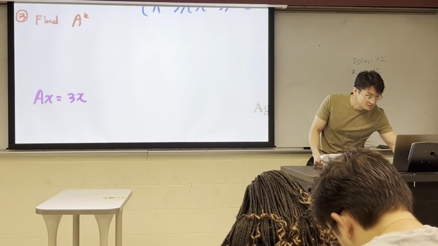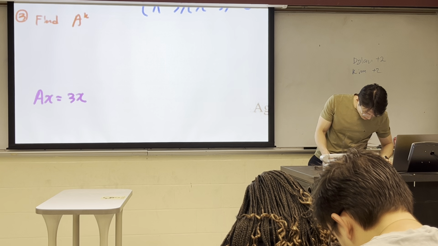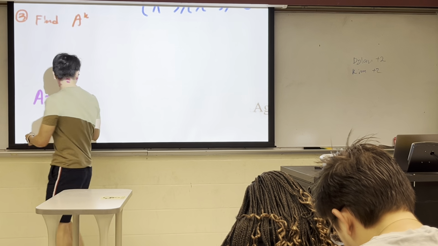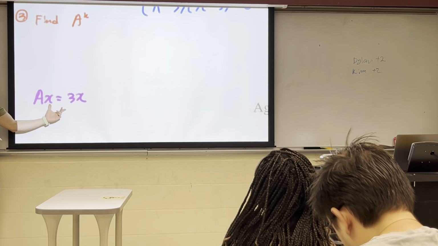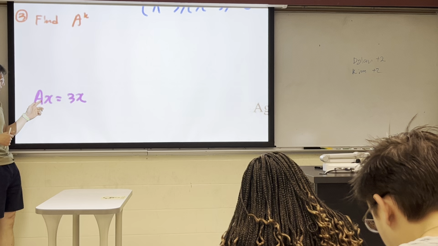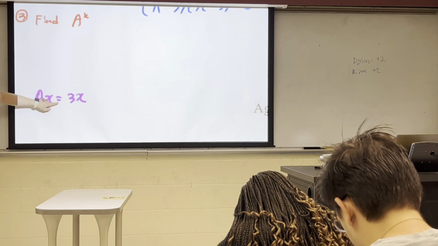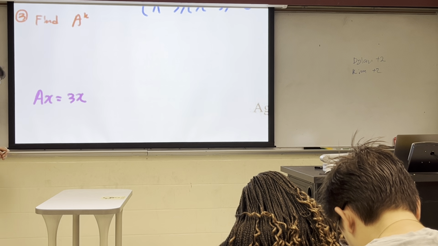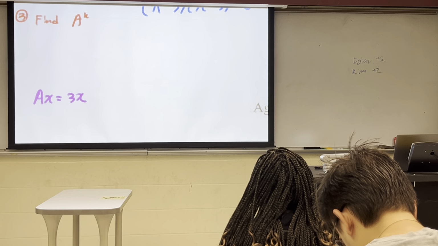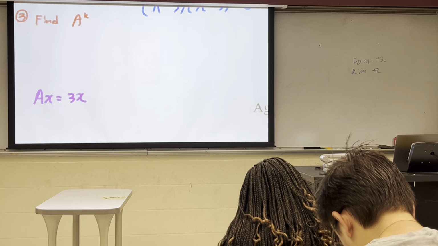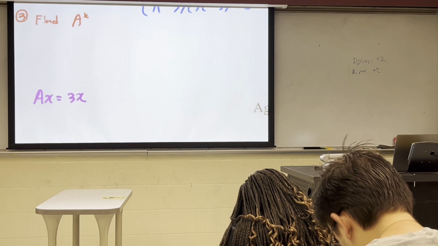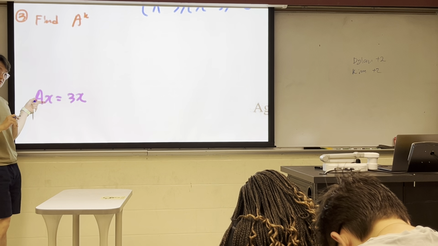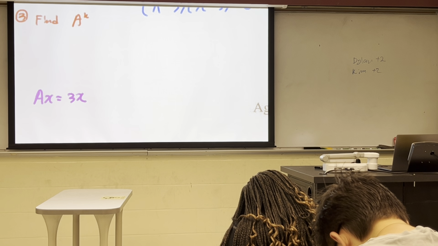Okay, Ax is equal to 3x. I want to find x that makes this thing true. Okay, how do we do it? Oh, A is right here. Ax minus 3x. I move 3x to the left. Okay, and then what?